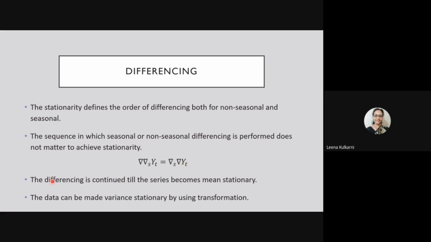You need to continue differencing until your time series becomes mean stationary. So to achieve mean stationarity of a given time series data, you will have to go ahead with the differencing. And if your data is not variance stationary, then you can use transformation to make the data variance stationary.